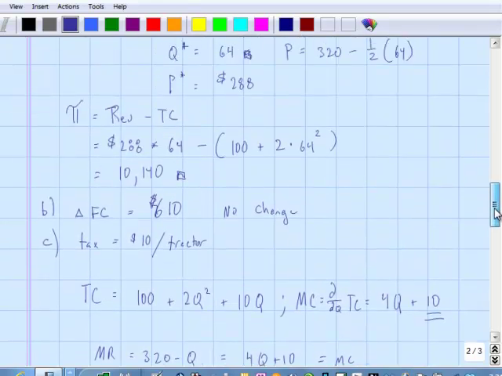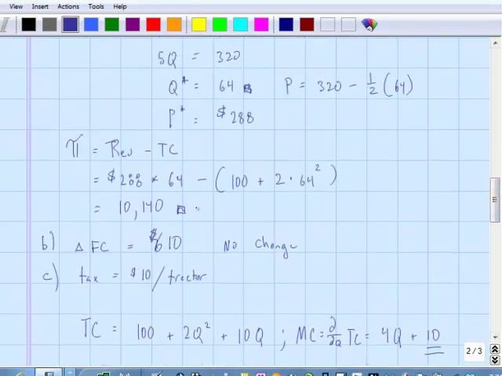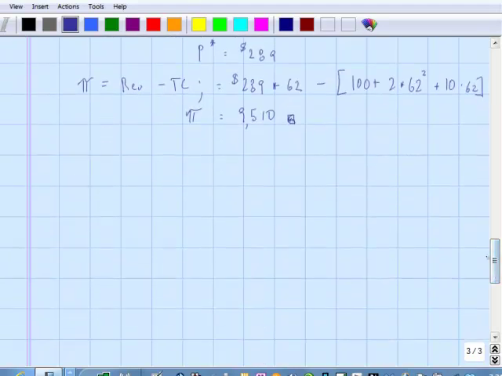If we scoot way, way up, our earlier profit was 10,140. Profit on a flat tax is going to equal the old profit, 10,140, minus the flat tax of 610.